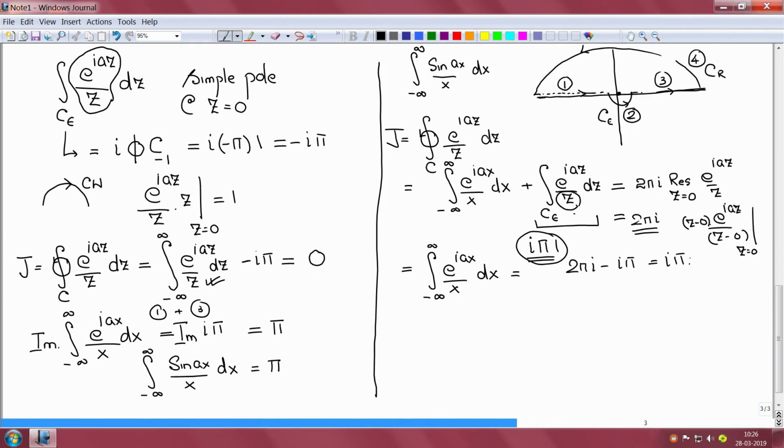Again, if we take the imaginary part of this side, I get pi, which is integral minus infinity to infinity sine ax over x dx.